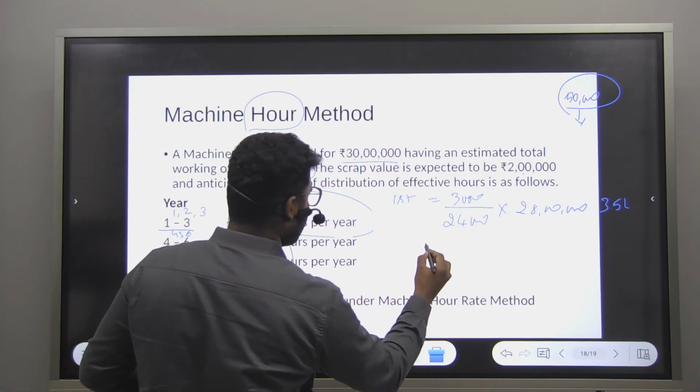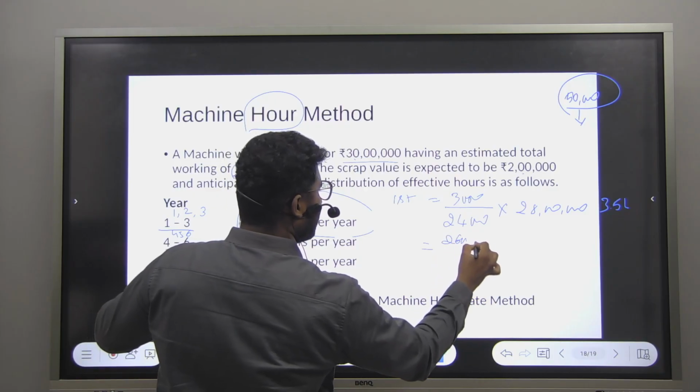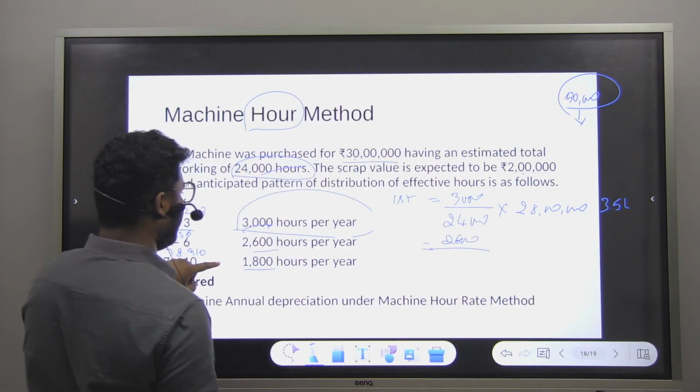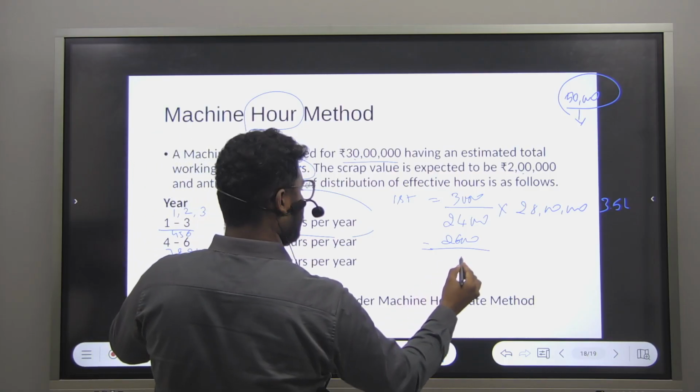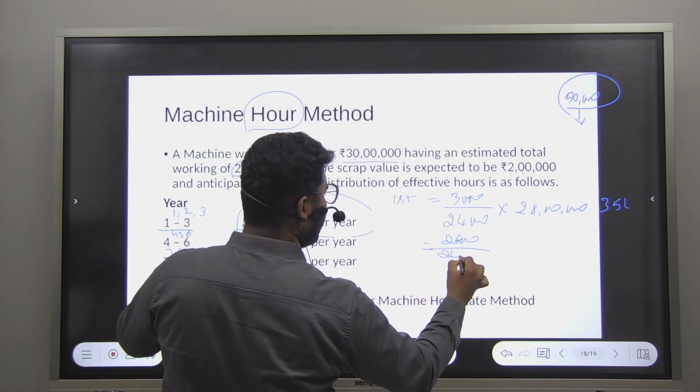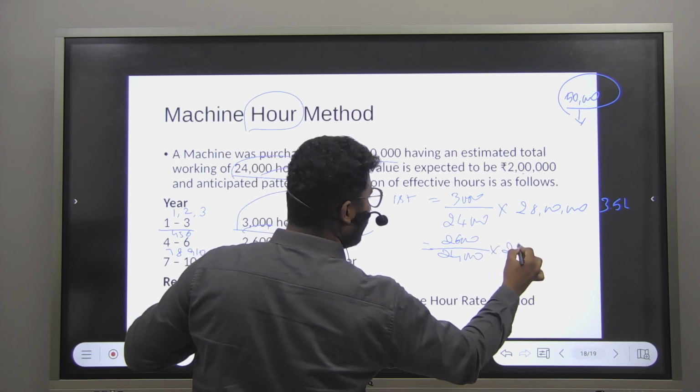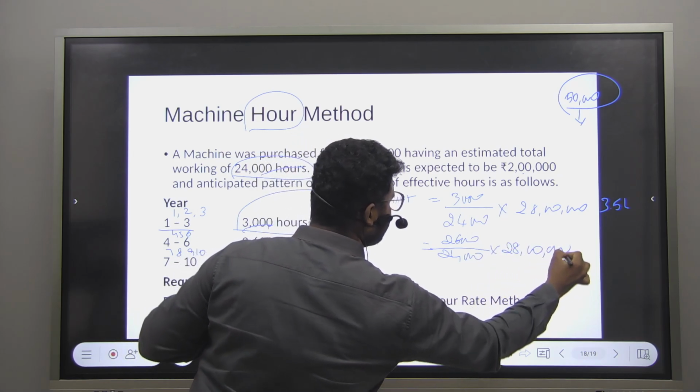Next, 2,600 divided by 24,000 into 28 lakh. How much?